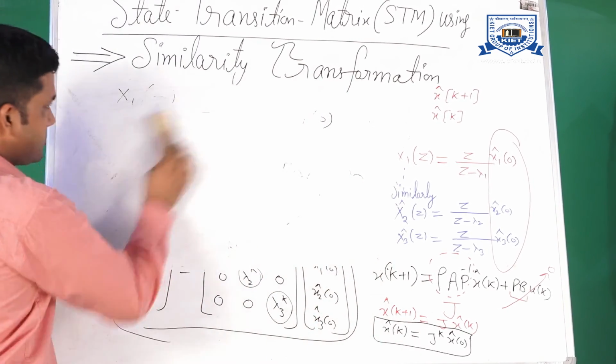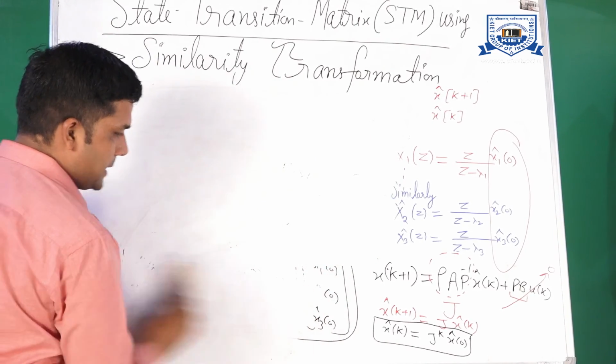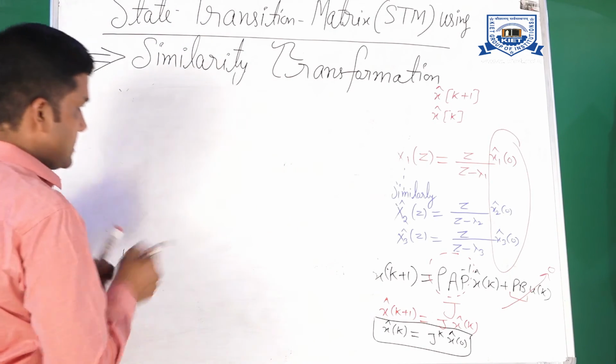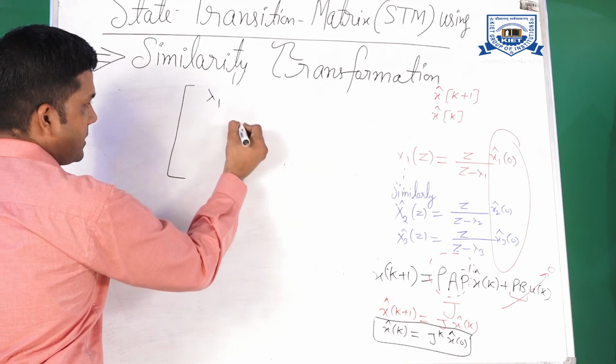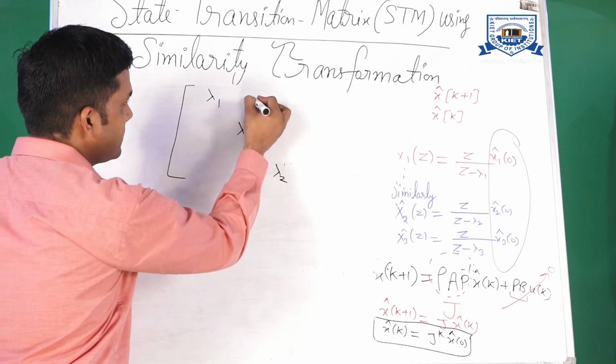Now, if the eigenvalues are the same, or you can say if the poles are repeated, then how to interpret the result? It is very easy. Now the eigenvalues are similar: lambda 1, lambda 1.